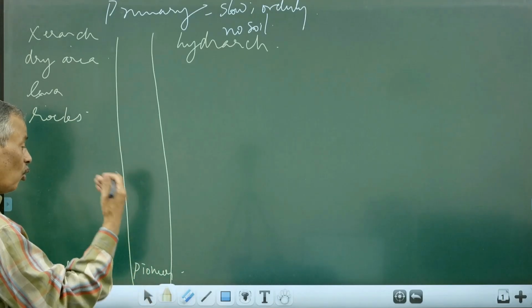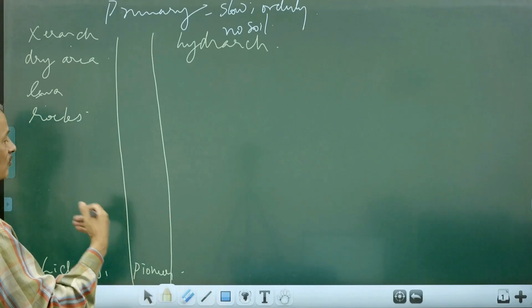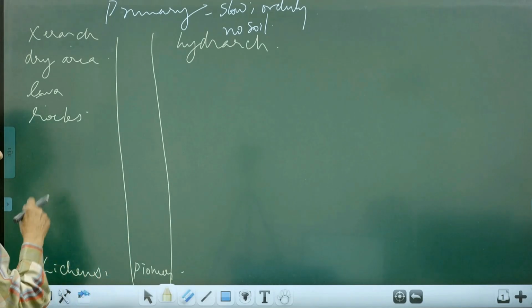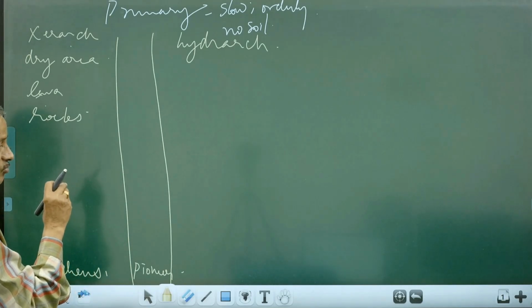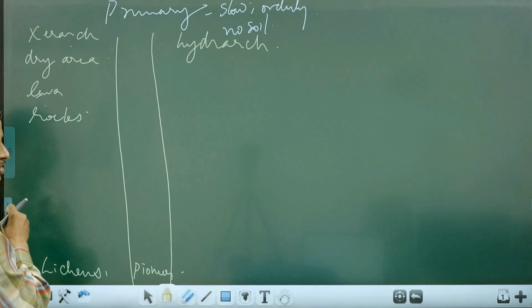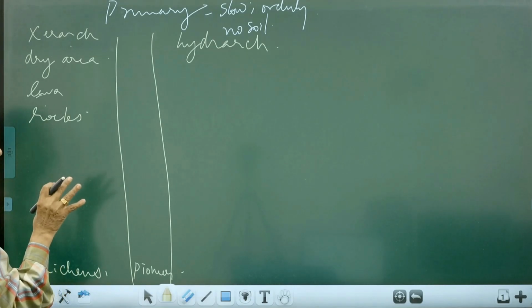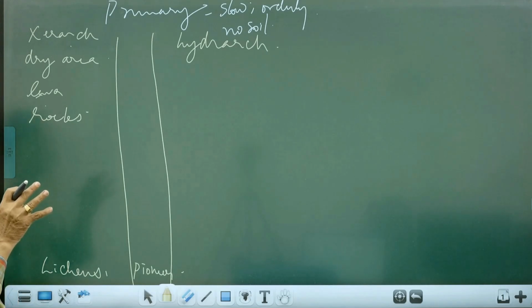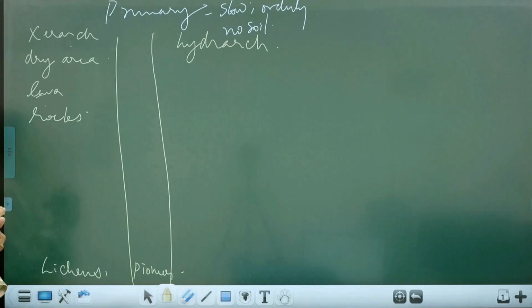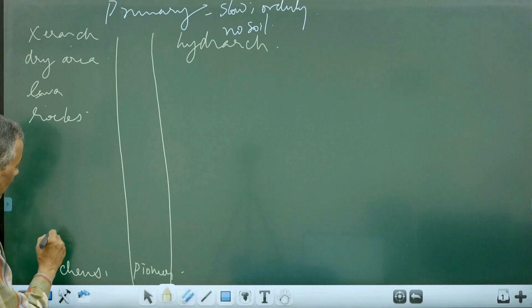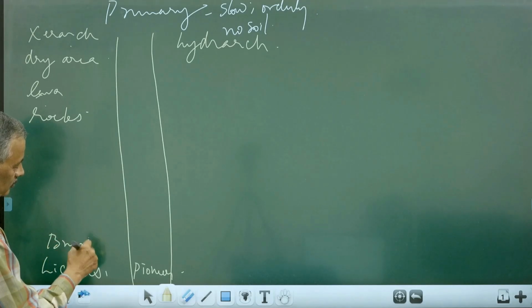And after hundreds and hundreds of years of lichen generations, the dead material of the lichens will produce some acidity that will cause breaking of the rocks, which will hold a small amount of water, and their dead bodies will also be there, that is humus, forming a small amount of organic matter, so that a better developed variety of plants like bryophytes may come.